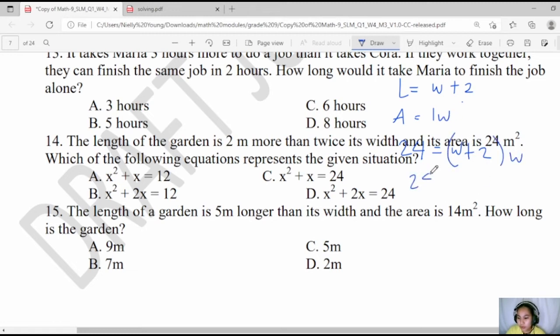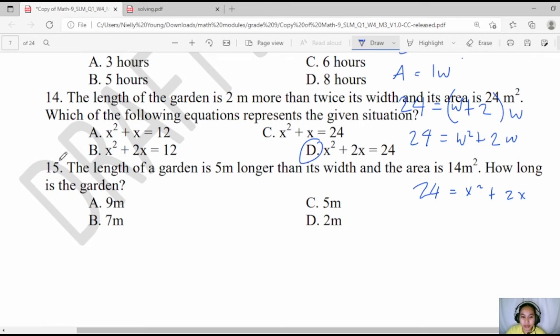So 24 is equal to w times 2w, which is 2w squared, plus 2 times w, which is 2w. Since the given variable is x, let us change this into x. So 24 is equal to 2x squared plus 2x. So the answer here is letter D.